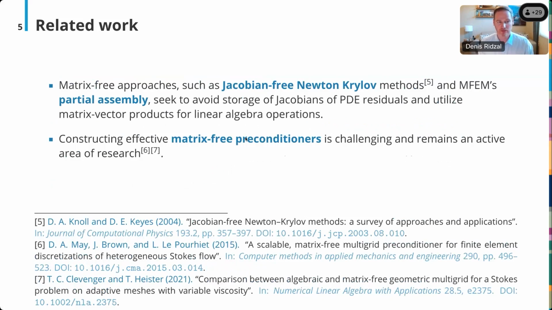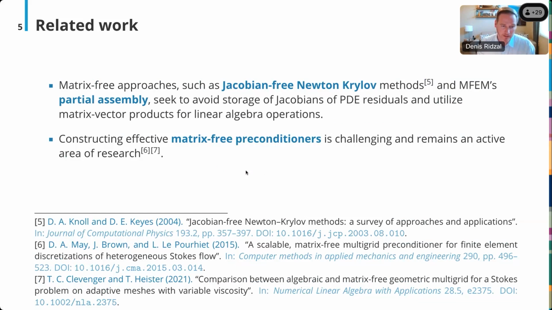All right, so just very briefly, some related work. We are probably all aware of matrix-free approaches such as Jacobian-free Newton-Krylov methods and FEM's partial assembly. They all seek to avoid storage of Jacobians or residuals, and then use matrix-free methods for linear algebra, so matrix-vector products instead of matrices.